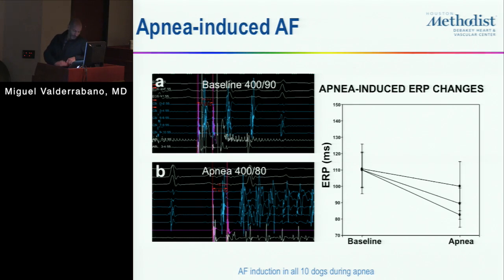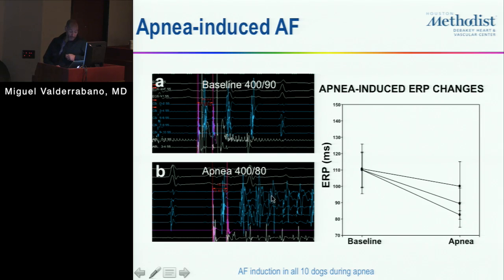So we measure refractory period at baseline. It's variable, but it's around 110 milliseconds. These are electrical recordings from the left atrium in the dog. We're pacing S1, S2, and we capture. Then we induce apnea, and we see that at baseline, during normal respiration, the ERP in this dog was 90 milliseconds.